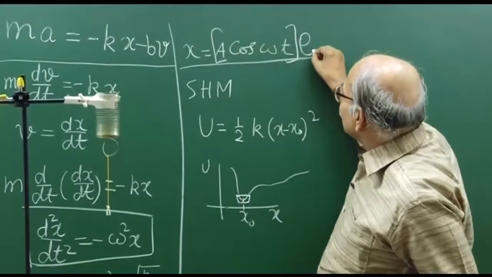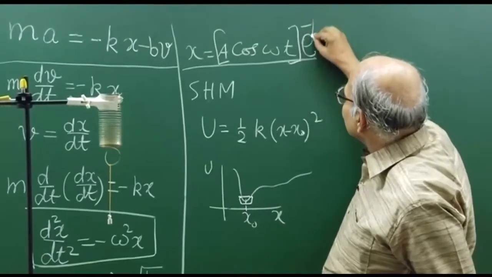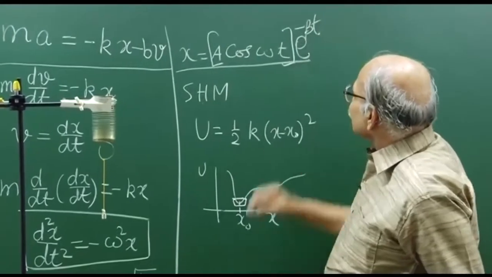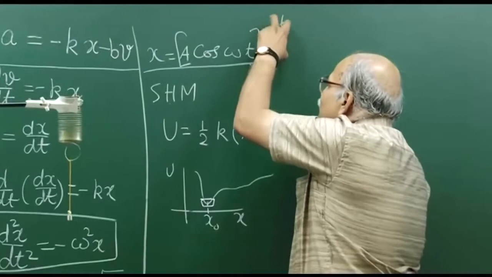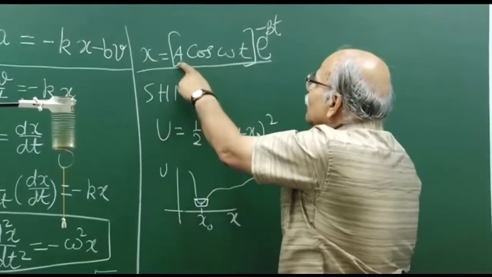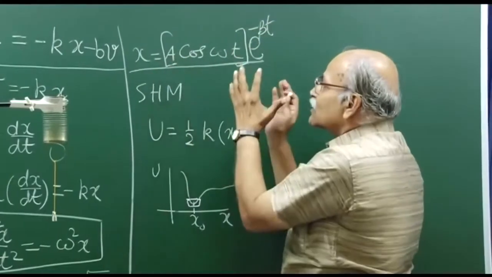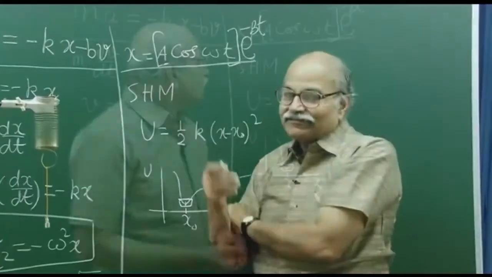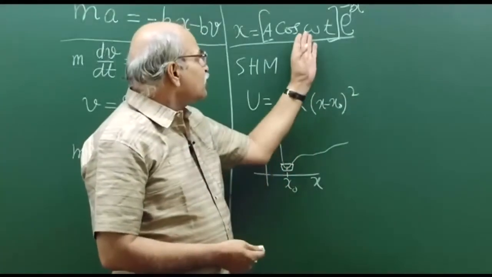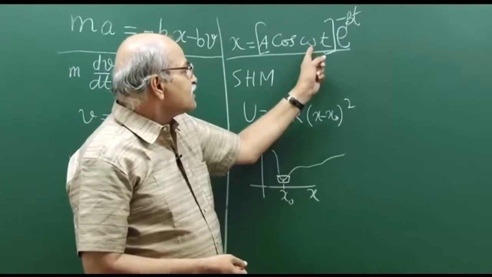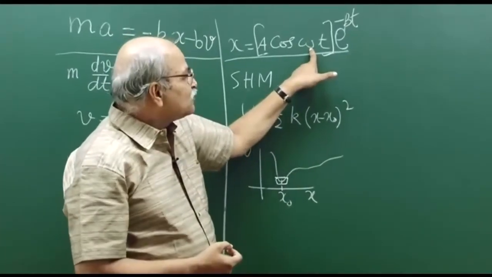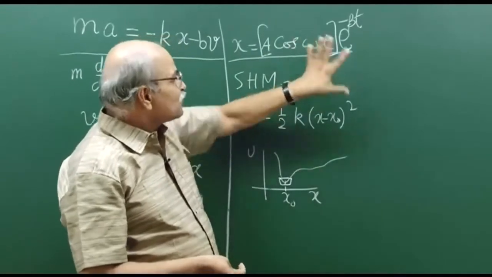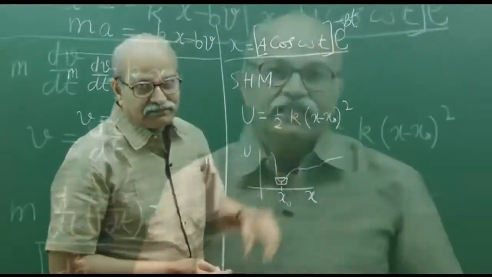Some kind of exponential, e to the minus beta t type factor comes here, and then your amplitude will be continuously decreasing. Actually, there is some approximation involved. This frequency will be slightly changed, but for small damping it is almost the same. So, we will go by that.